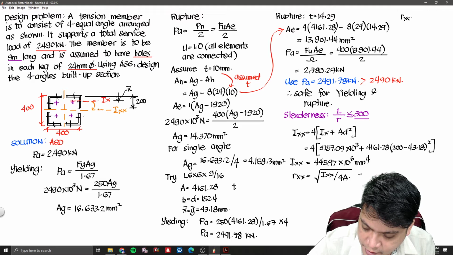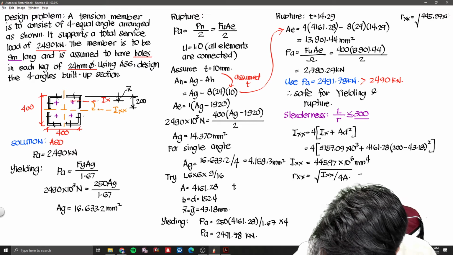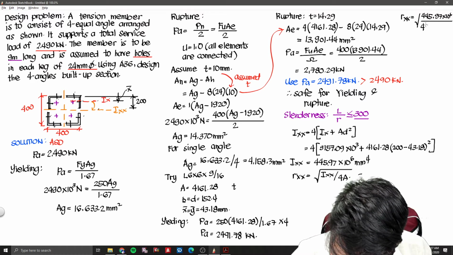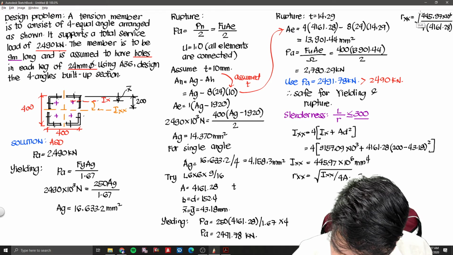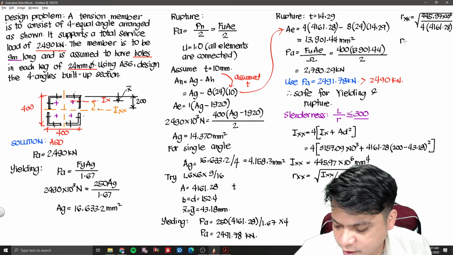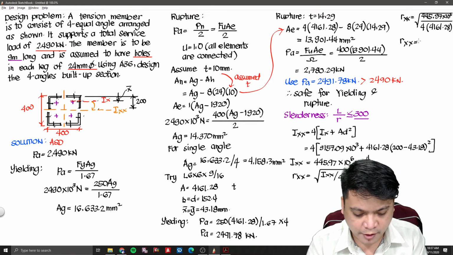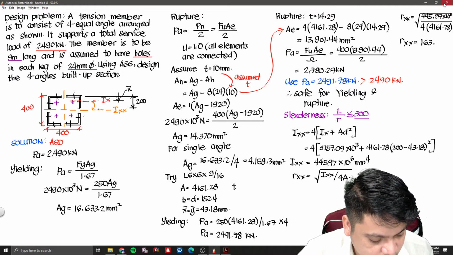RXX is equal to the square root of 445.97 times 10 to the 6 all over 4 multiplied by the area 4161.28. So our RXX is 163.69.